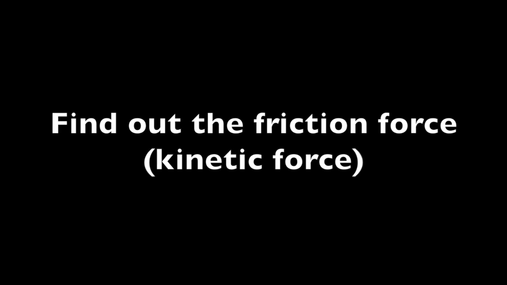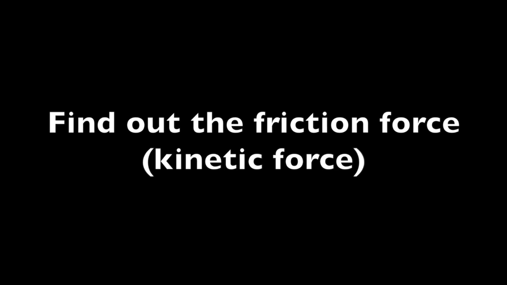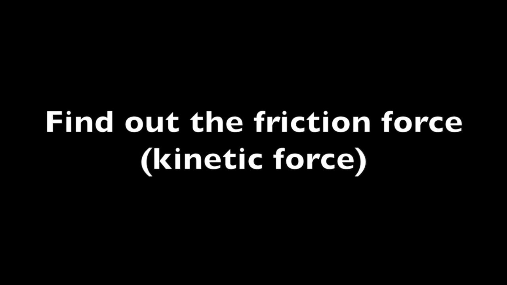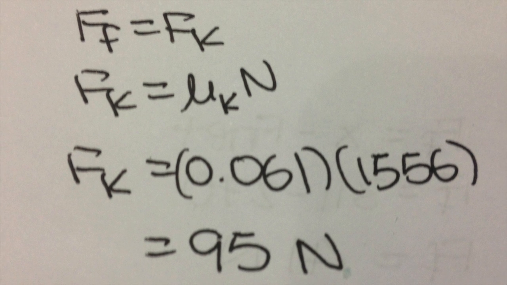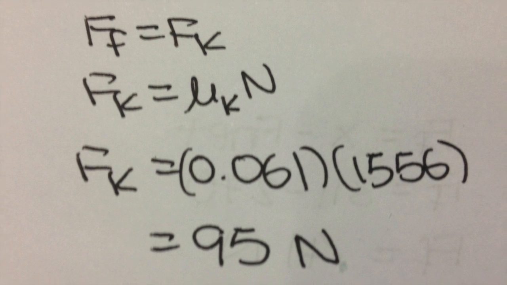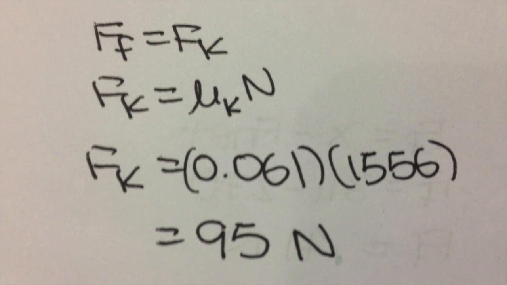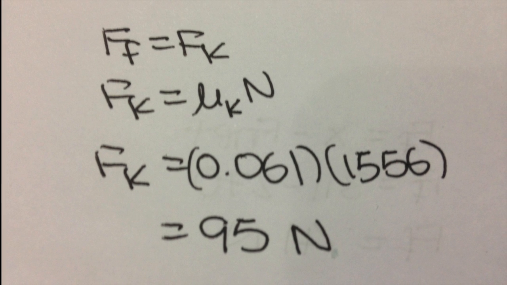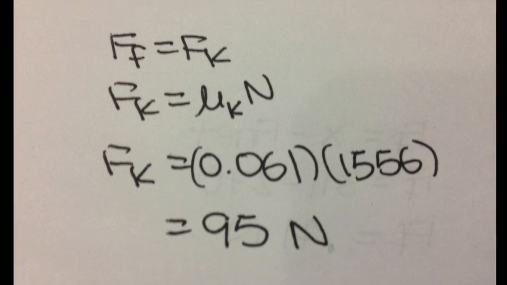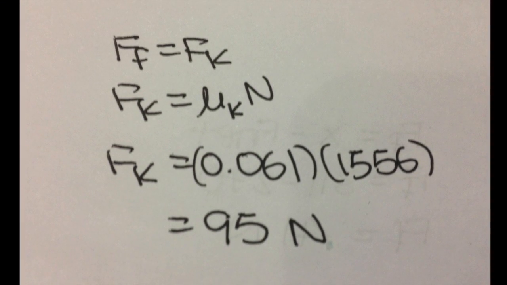Next, find the friction or kinetic force. We can use the mu k from part A, which is 0.061, to plug into the equation to get Fk equals 95 newtons. Next, find the net force.